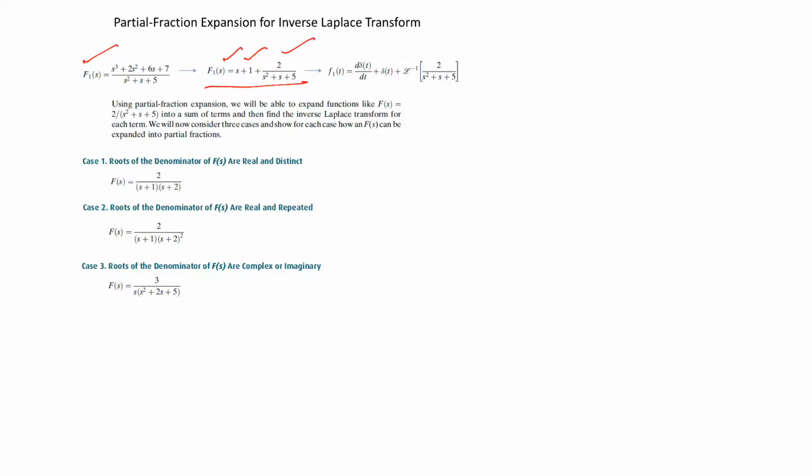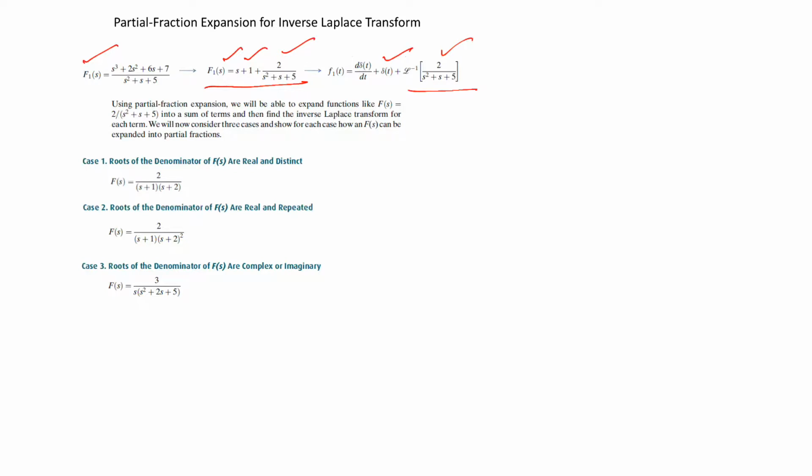In the partial fraction expansion, we consider this F(s), expand it into a sum of terms, and then find the inverse Laplace transform.